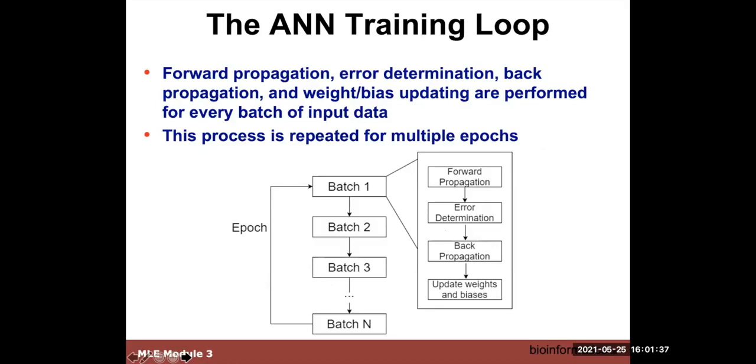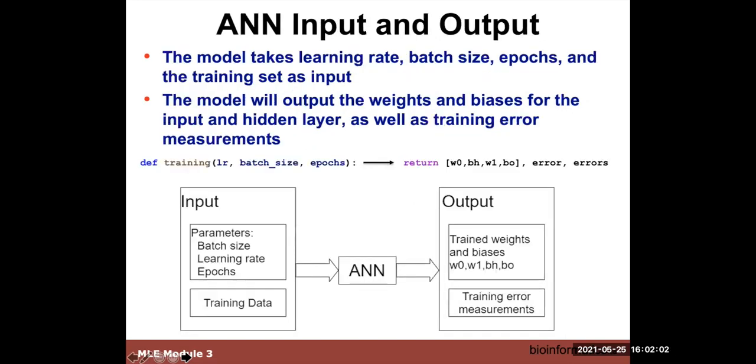We're going to go through this process of forward propagation, error determination, back propagation, update weights and biases, and repeat. We'll do this for batch 1, batch 2, all the way to batch 5. And then that's 1 epoch. Then we repeat that for hundreds, thousands of epochs.